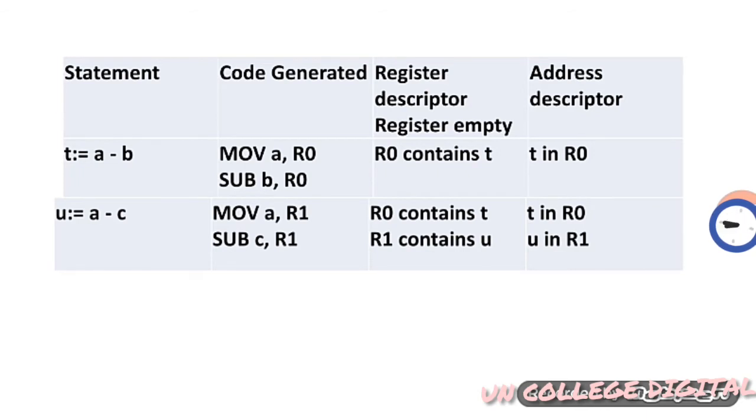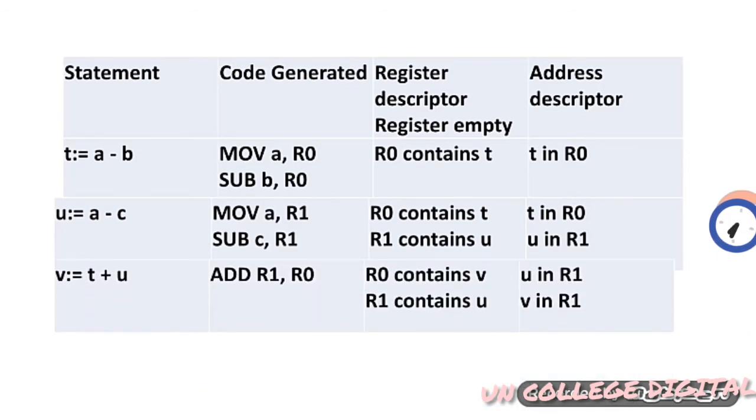We use another register, r1. We move the a value to r1, subtract c, and store the result in r1 also. The register descriptor says r0 contains t as in the first step and r1 contains u as per the second step, and the address descriptor specifies that u is in r1.